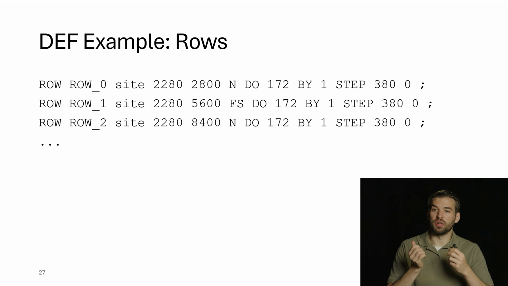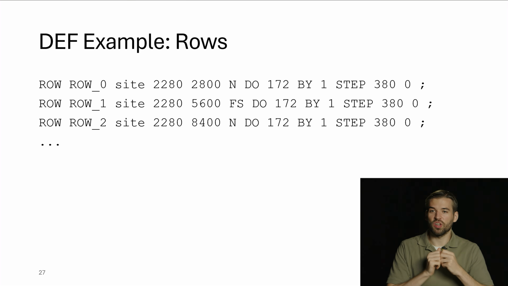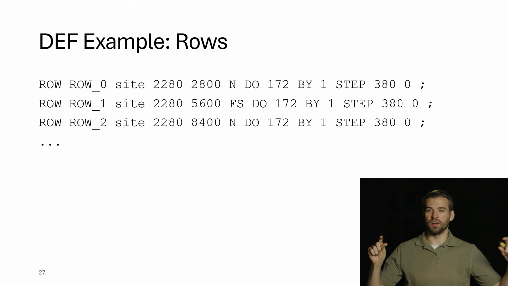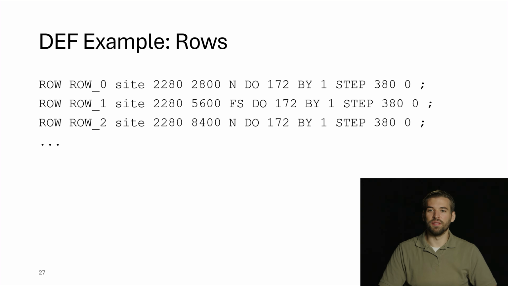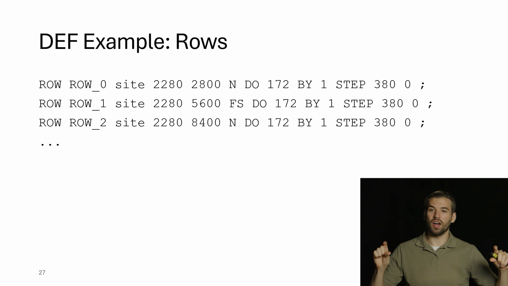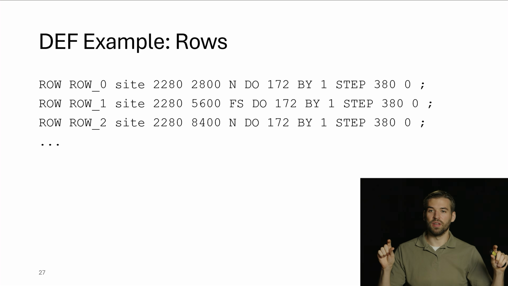Next is going to be a bunch of row statements. We just talked about cell sites, which are those individual bumps on your Lego, and rows are going to be strings of them together, next to each other one by one. So these row statements simply specify one row at a time, all of the rows in the design. For example, row 0 is going to specify where the start point is, and then how many of those individual cell sites are within a row and grouped together.